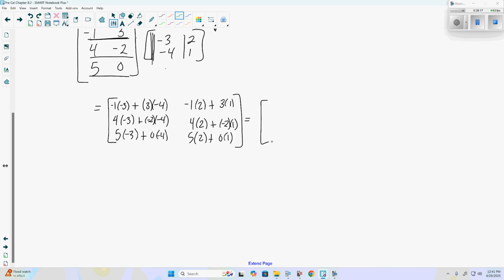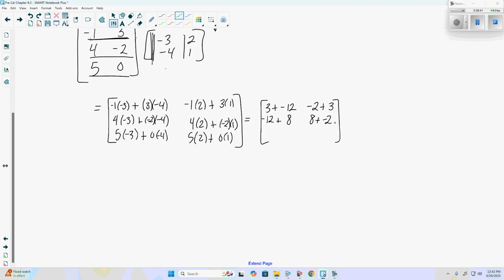Now we multiply and add. Negative 1 times negative 3 is 3. 3 times negative 4 is negative 12. Negative 1 times 2 is negative 2. 3 times 1 is 3. 4 times negative 3 is negative 12. Negative 2 times negative 4 is 8. 4 times 2 is 8.